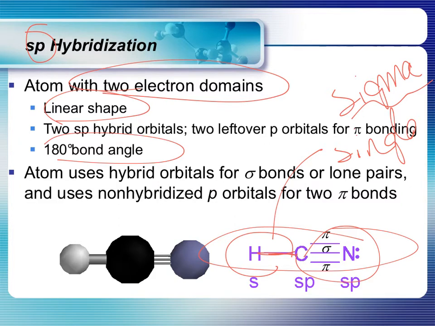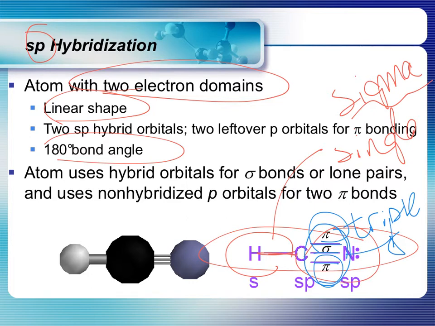What I want to point out here more, and I'll mention it later in this talk too, is that when you have a double or triple bond, the bonds that make it up are different types. So for example, in a triple bond, such as this, one of the bonds is a sigma and the other 2 are pi bonds.